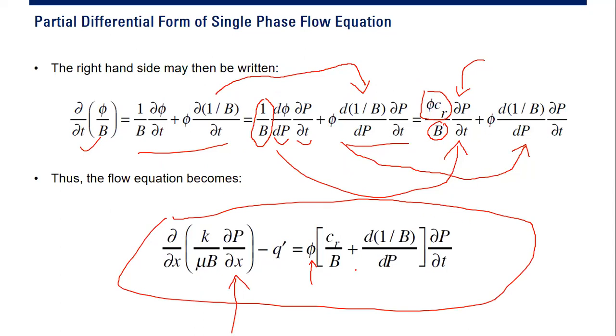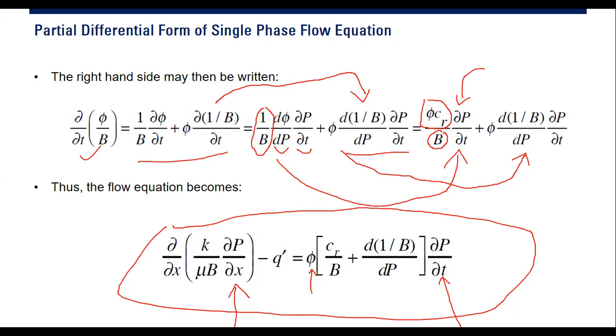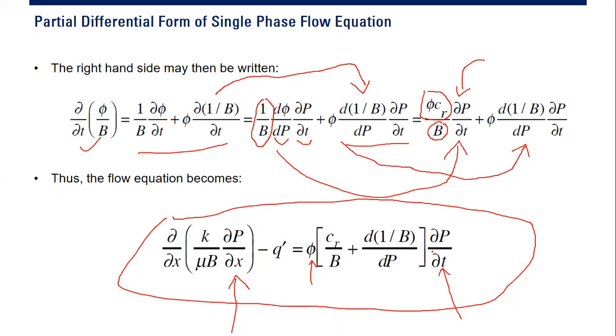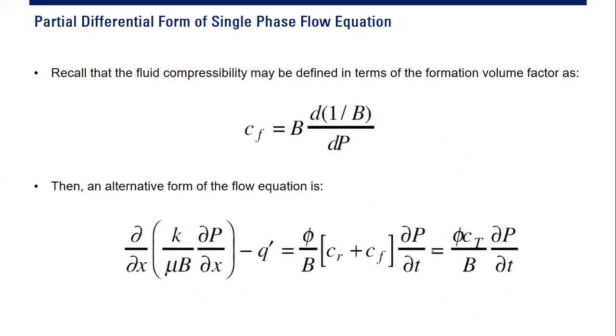And then you have parenthesis, dalam kurung, CR per B plus d(1/B) dp, multiplied by dp dt. Okay.